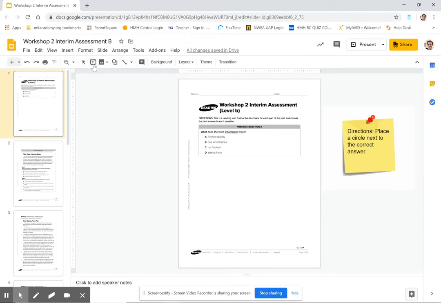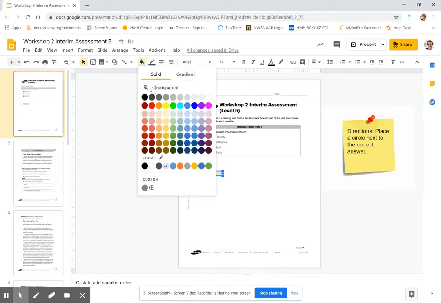And I'm going to do that by creating a box and then editing the box so that it's see-through. So I'm going to go ahead and select fill color, and I'm going to click on transparent.